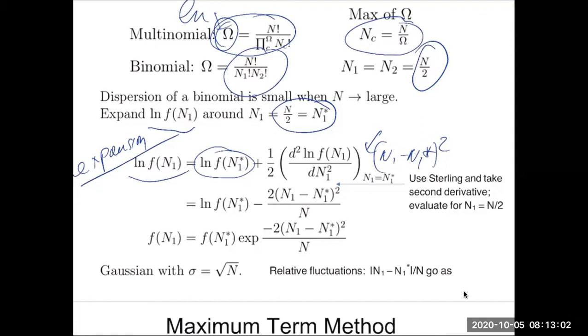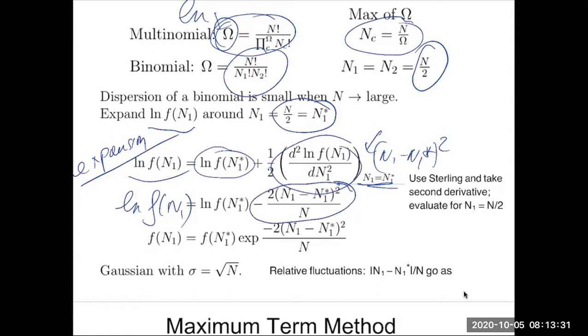So if you evaluate the second derivative, if you learn how to take the first derivative, which I asked you to do at home, you can take the second derivative as well, and you substitute in there that you're evaluating it at the point of the maximum, you'll find this simple expression that away from the maximum, you have the value of the maximum minus a quadratic. This is quadratic in the deviation from the maximum.